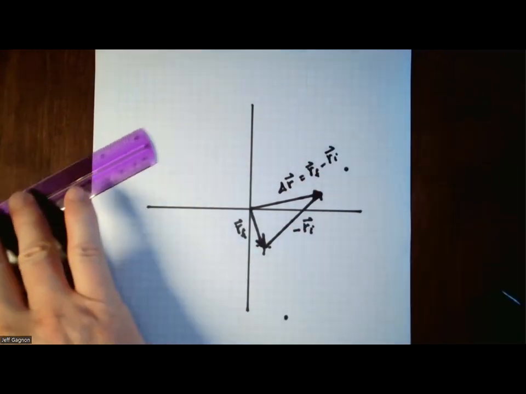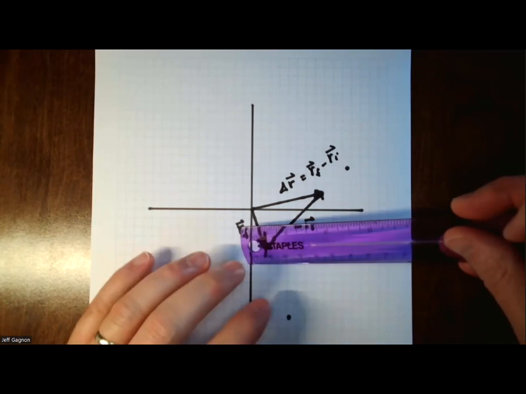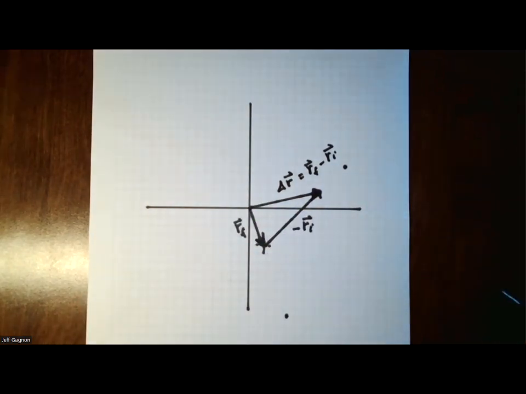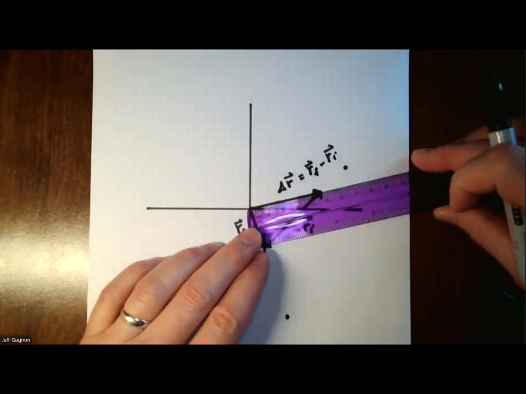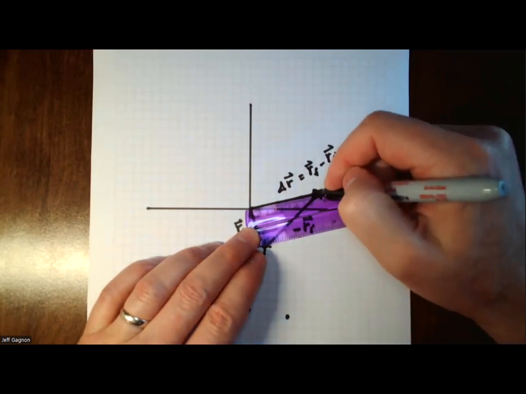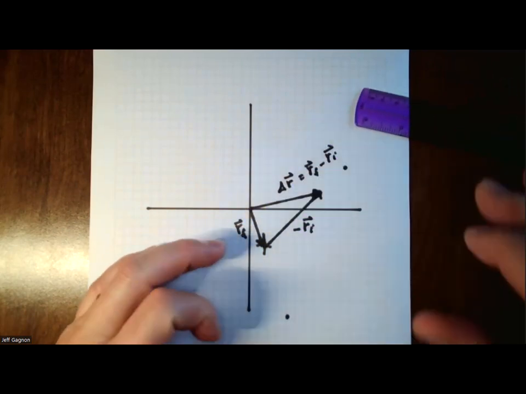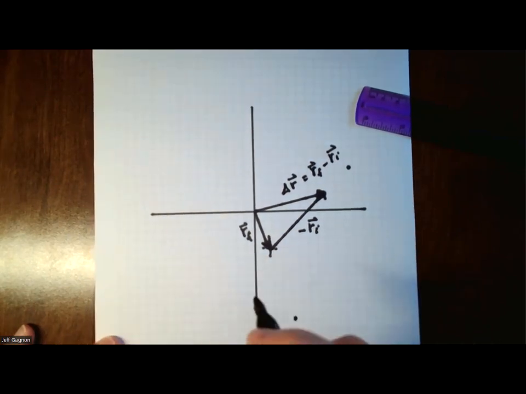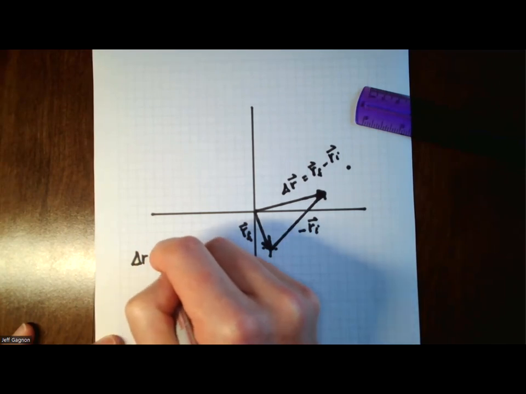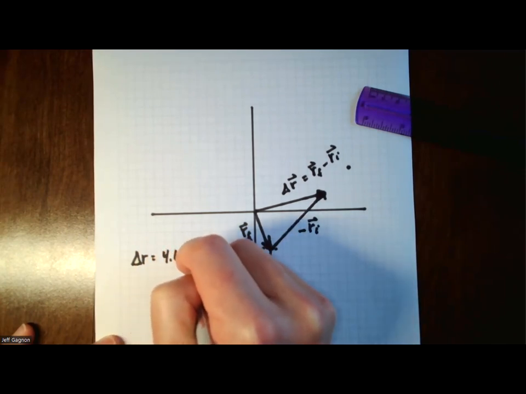Okay, how do I figure out the magnitude? Well, I can just measure the length of this, right? So if you measure the length of this, it turns out, again, it's hard to see here, maybe 4.6 centimeters. So I'm going to say delta R is 4.6 centimeters.